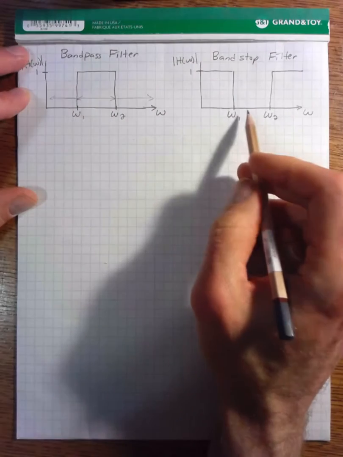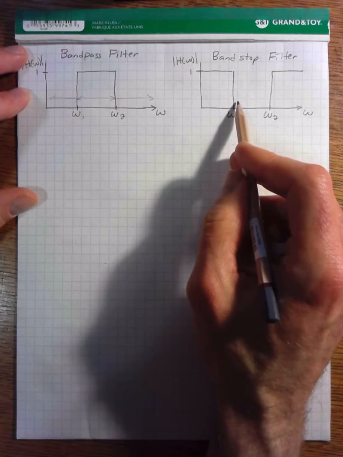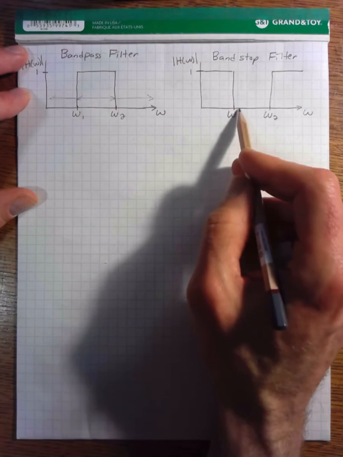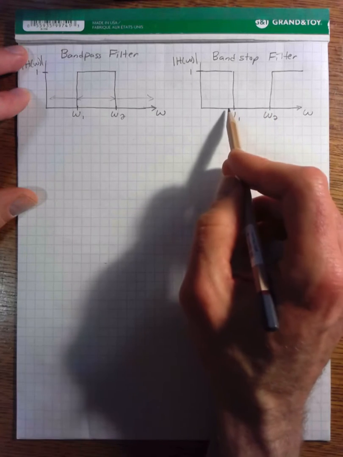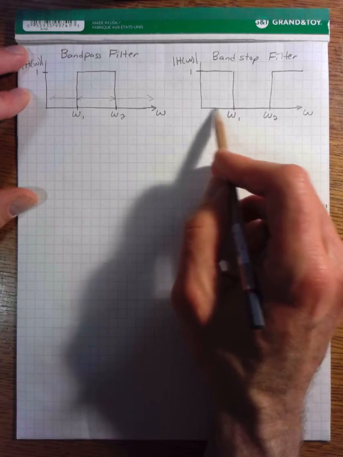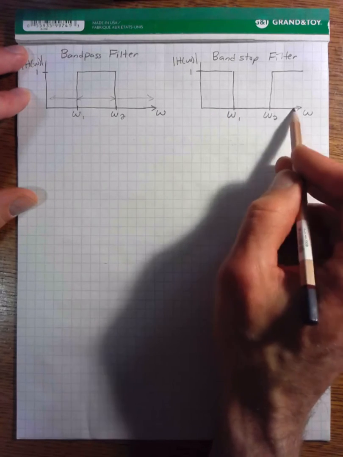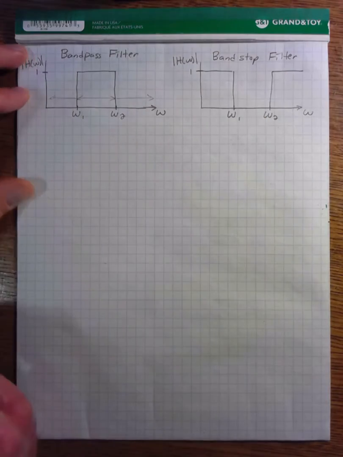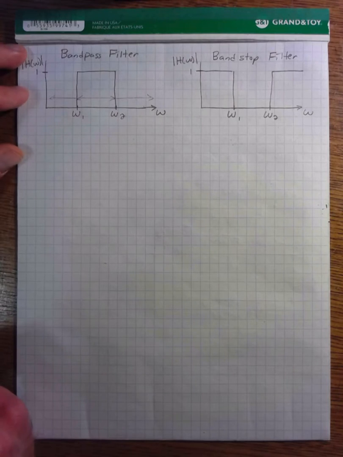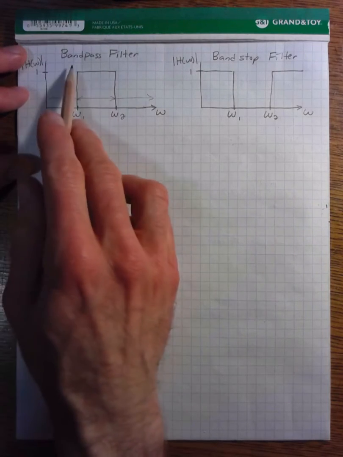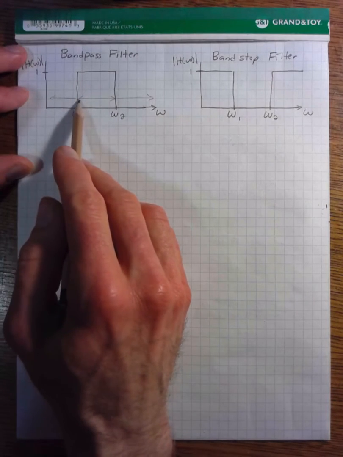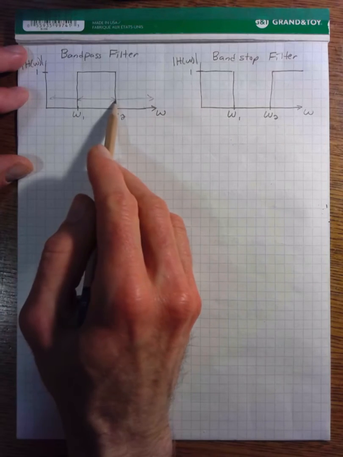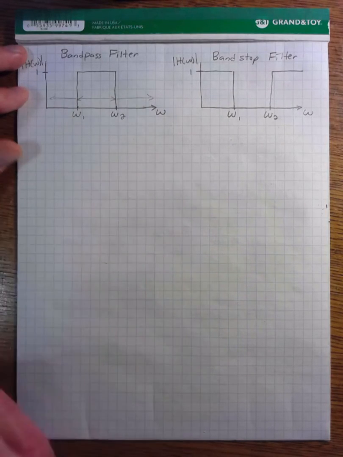And basically the stop band for the band stop filter is between omega 1 and omega 2, so the response here is 0. And the response is 1 below omega 1, and the response is 1 above omega 2. And band stop filters are also sometimes known as notch filters. And bandpass filters, of course, get their name because they allow a band of frequencies to pass through, but they stop everything else.